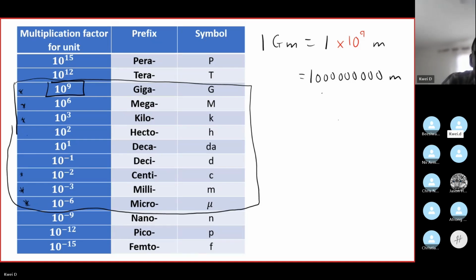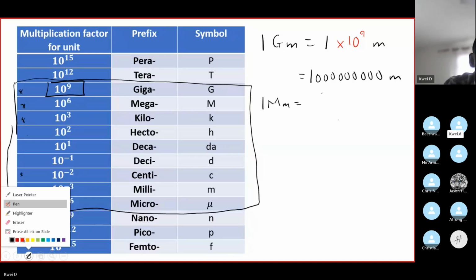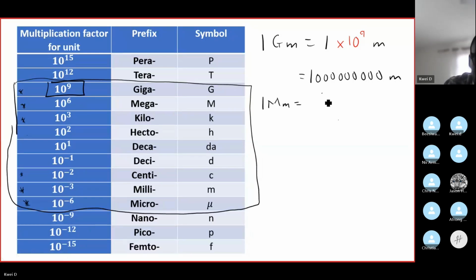Just like when you say 1 megameter, what does it mean? It means 1 times 10 raised to the power what? Then what's the value of the mega? 10 raised to the power 6. So that would be 1 million meters.